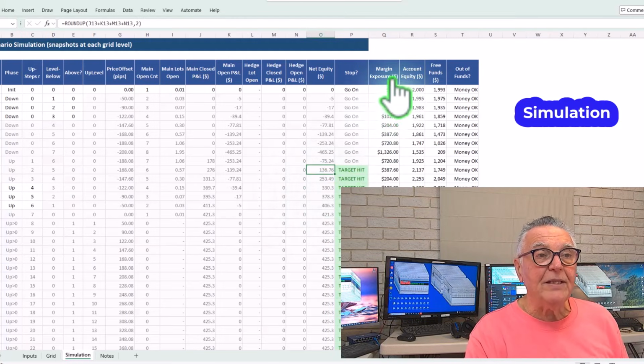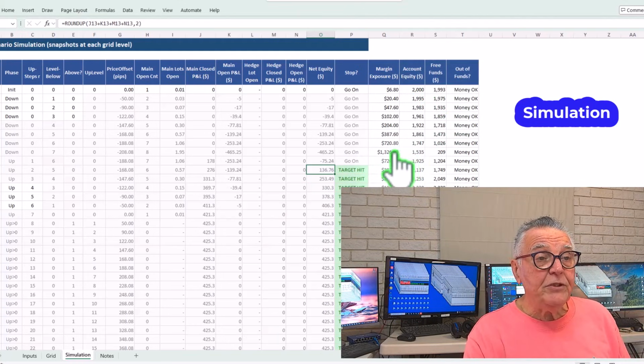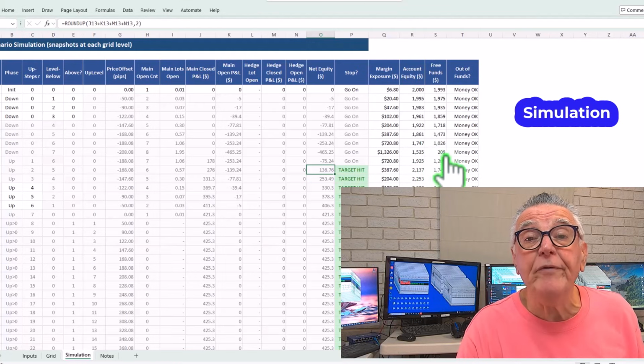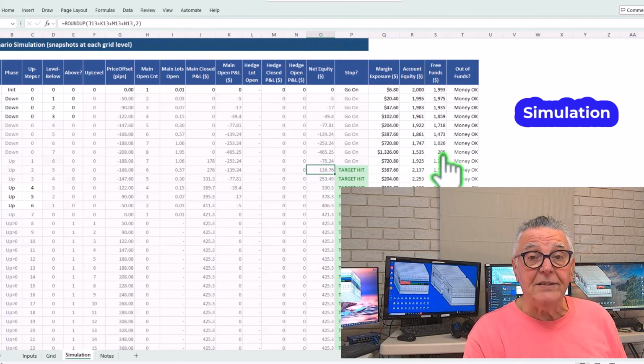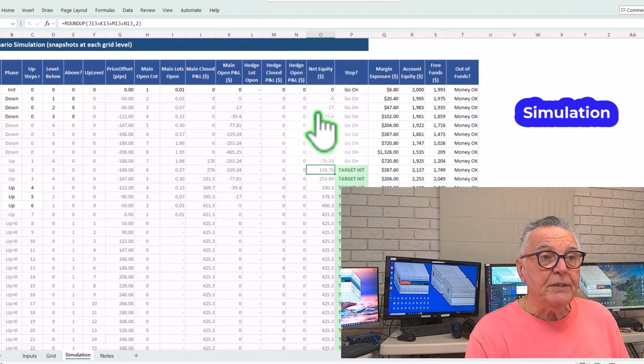Then if we look at the margin exposure, here you can see how high the margin exposure is, and it then says free funds, which is taking margin into account but also profitability, and it says, oh, you only have $200 free in your account, and that's where that drawdown figure comes from. And so it measures margin.